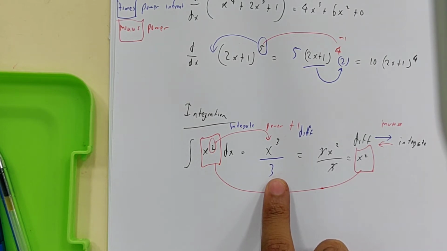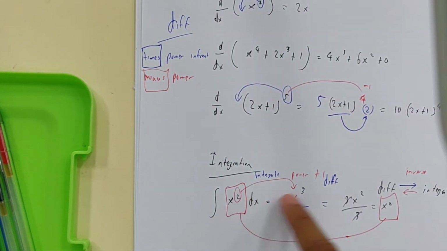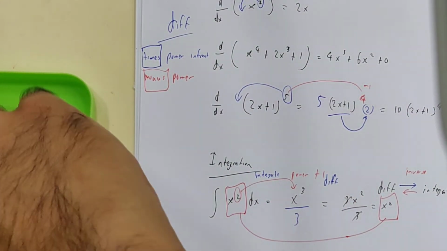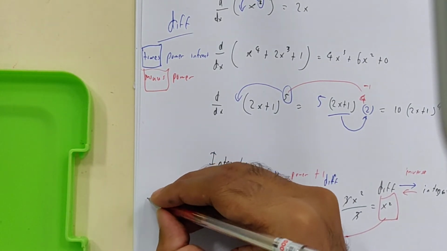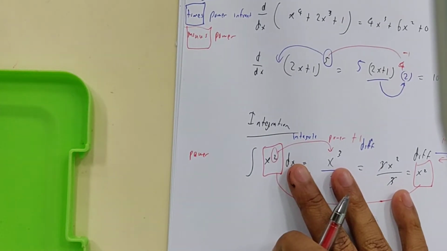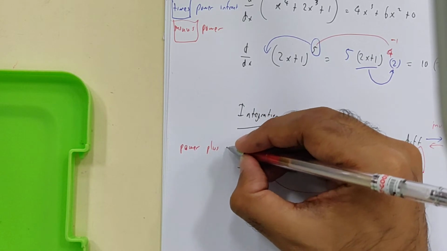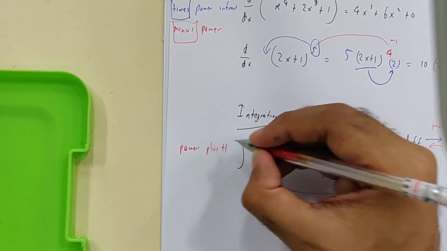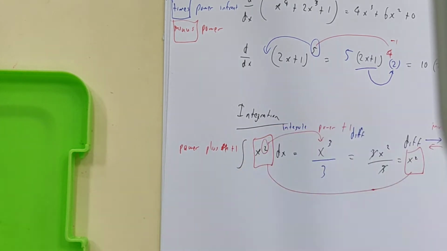Okay. So the main idea here is dia plus dulu, power plus 1. Sorry about that. Power plus 1. Yeah.